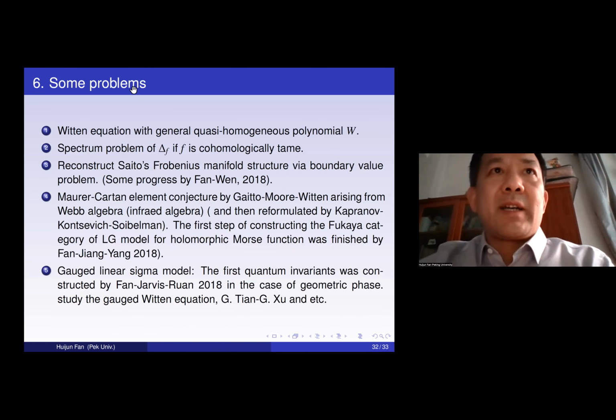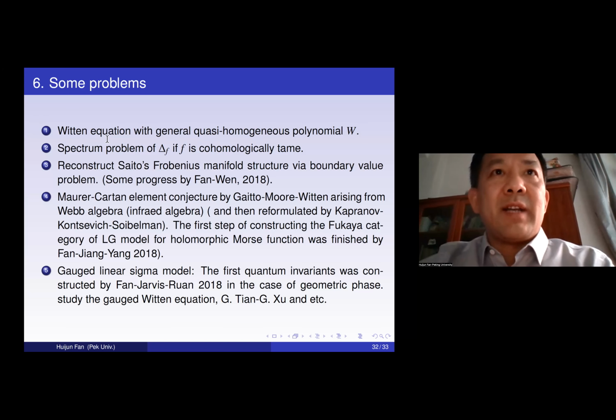So finally, I give some problems related to the LG model. In the FJRW theory, we need to assume W to be non-degenerate. So what's the situation if W is just a general quasi-homogeneous polynomial? What are the analytical properties of the solution of this equation?